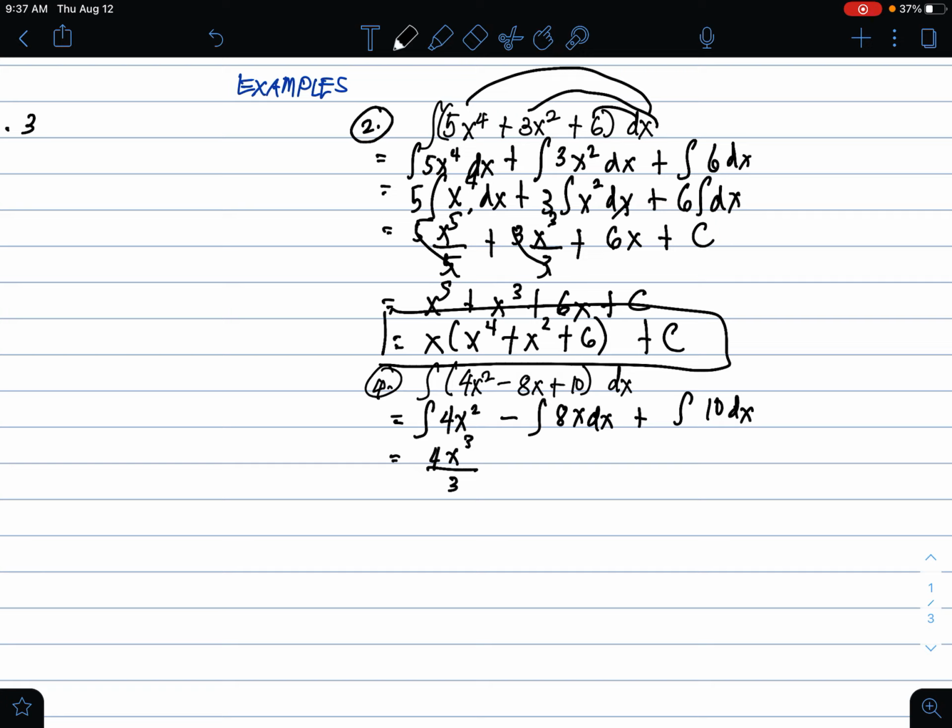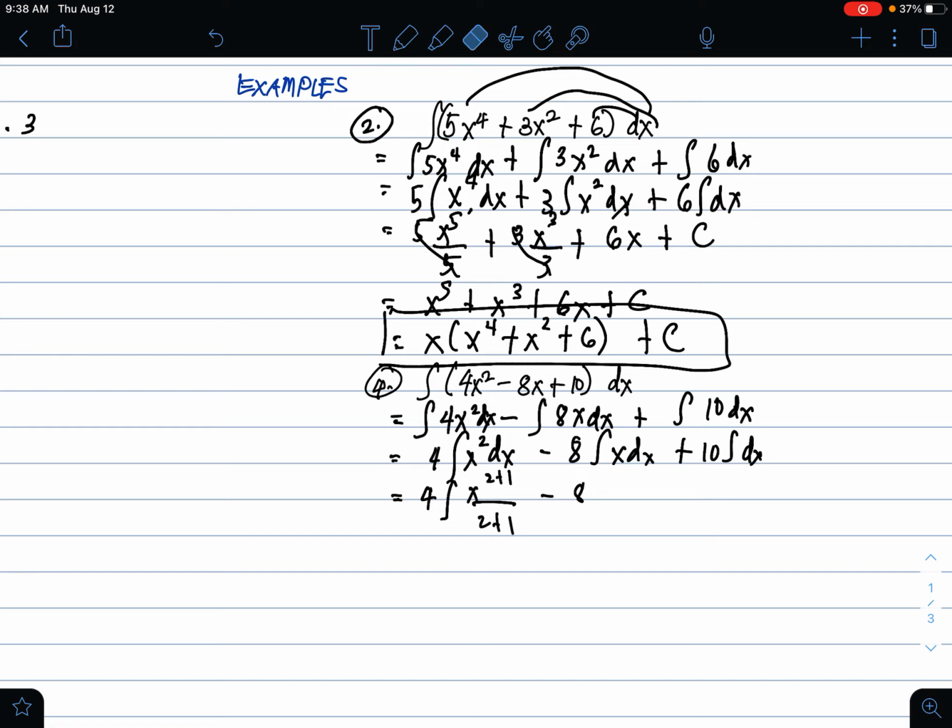We can shortcut it, but let's not do that since, again, we are beginners. So, notice, we take out all the constants and then proceed with property number 4. 2 plus 1 over 2 plus 1.